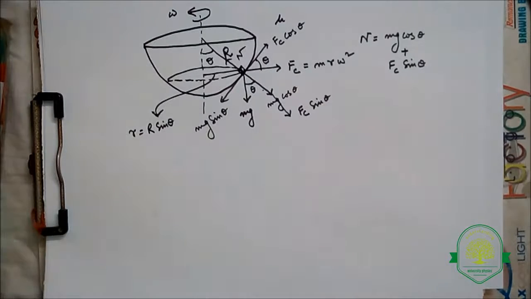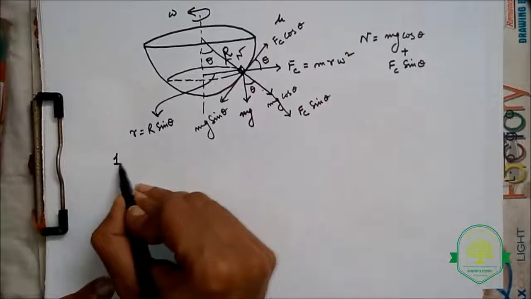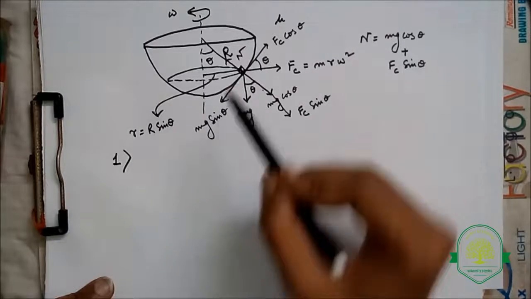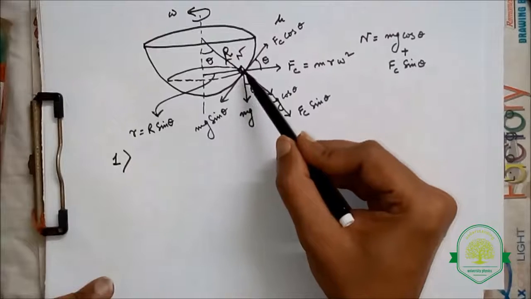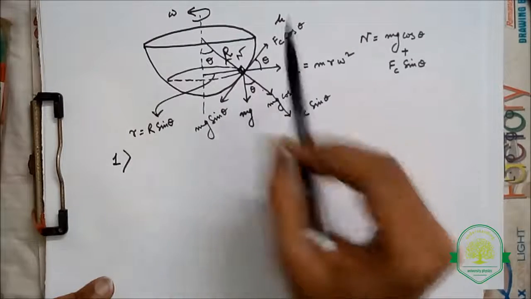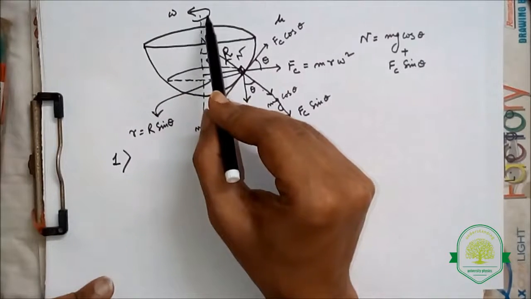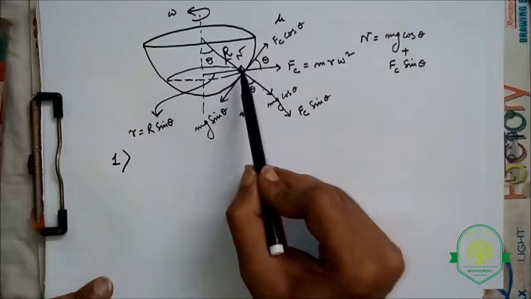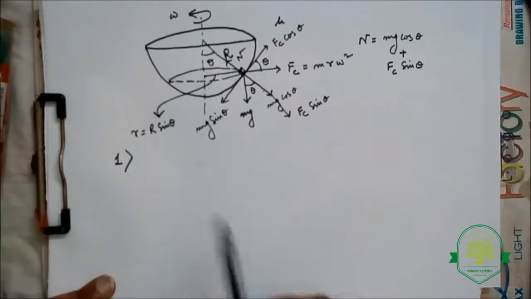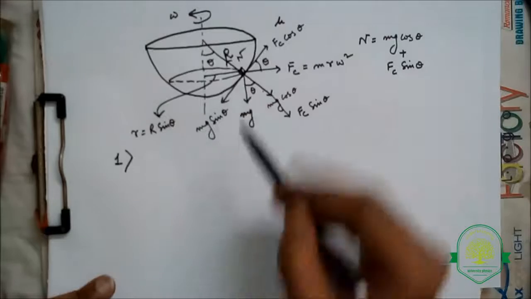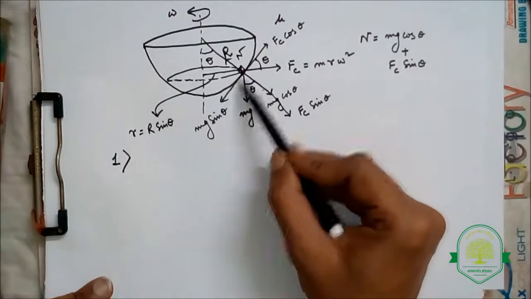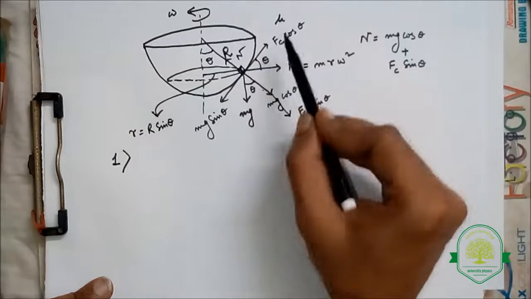So first of all, let us take the first case, being the block tries to slide in the downward direction. That is when omega is not enough to sustain the circular motion of the block. So in that case, since the block is trying to slide in this direction, friction will act in that direction.